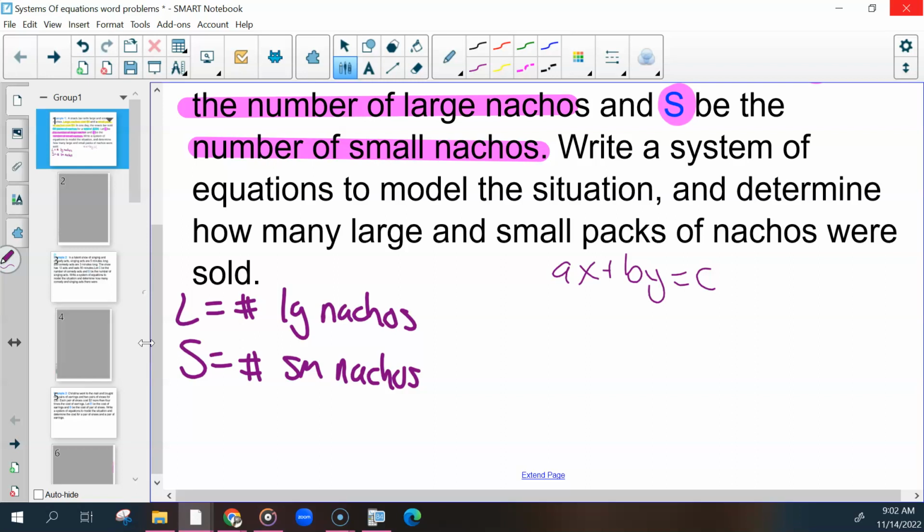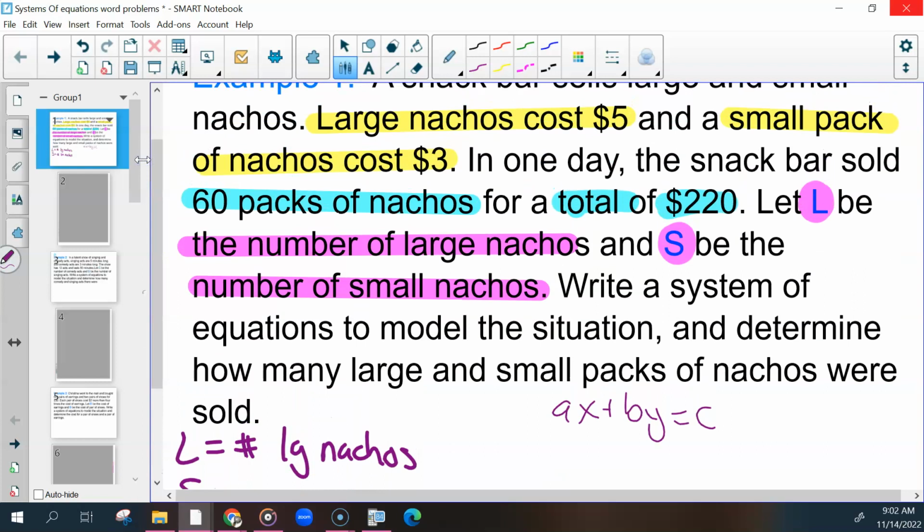Because I don't know if you remember, but when we had a problem like this, the very first time we did the word problems, that last unit, I said that A and B are always given. So here, if we look at what is related to the large and small nachos, we're given the cost and we're given both costs. So those given numbers we can say are our A and our B.